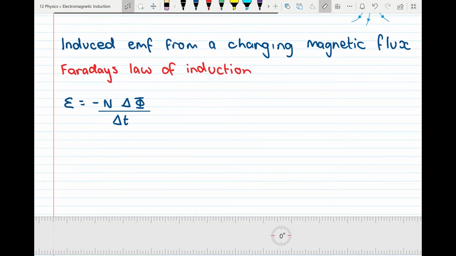I'll make that red, it's a pretty important formula for us.